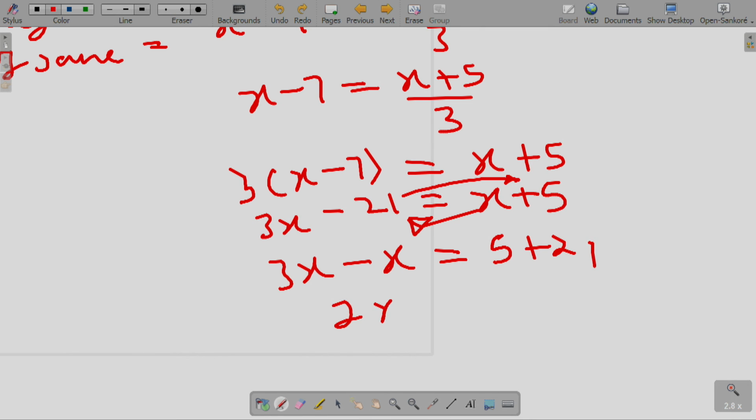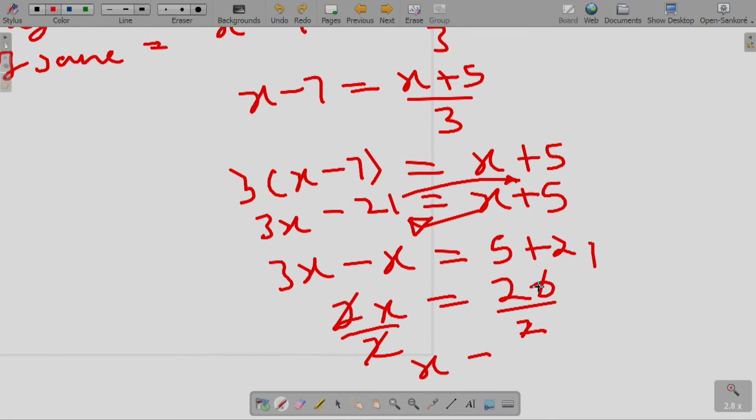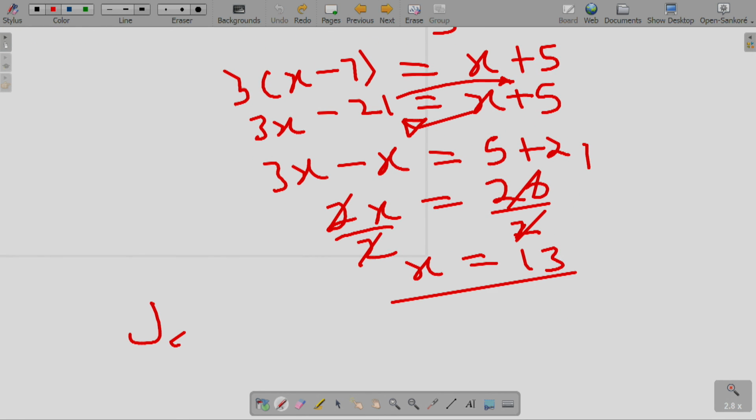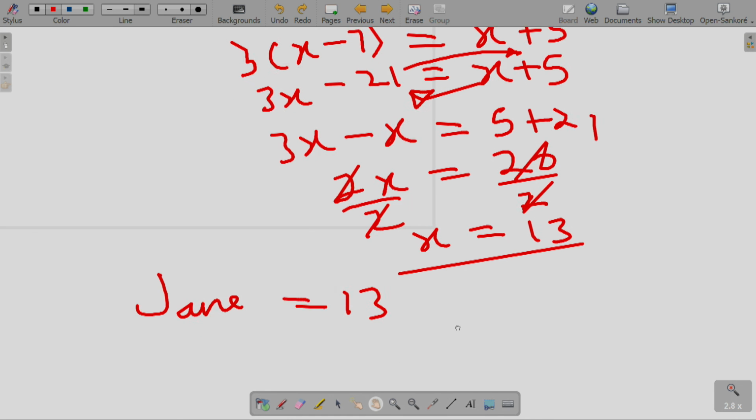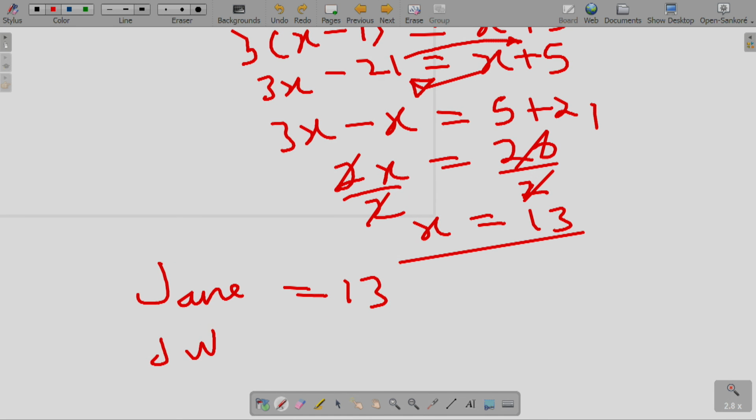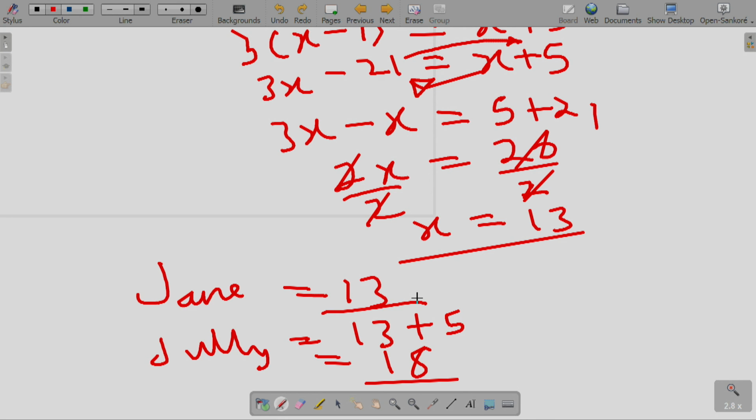This is equal to 2x, and here we get 26. Now divide by 2 to get the value of x. Then we divide by 2, here we get x is equal to 13. Therefore, the age of Jane is equal to x, which is equal to 13. The age of Julie is equal to x plus 5, which is equal to 13 plus 5, which is equal to 18. And this is the answer.